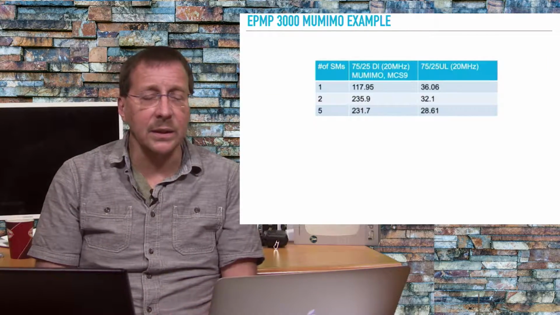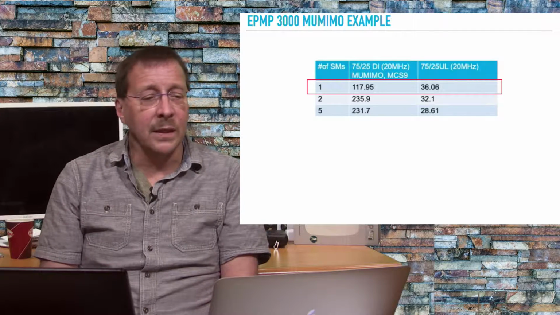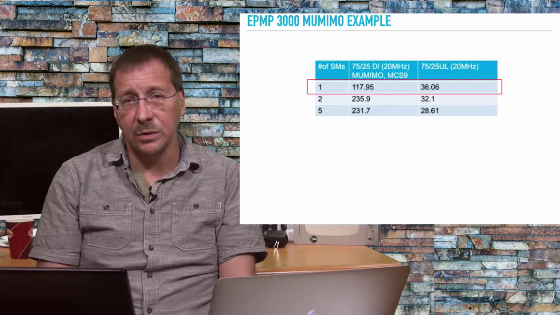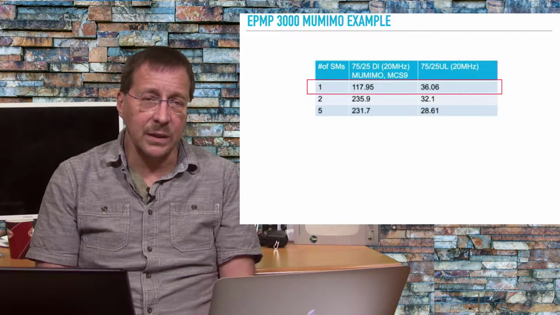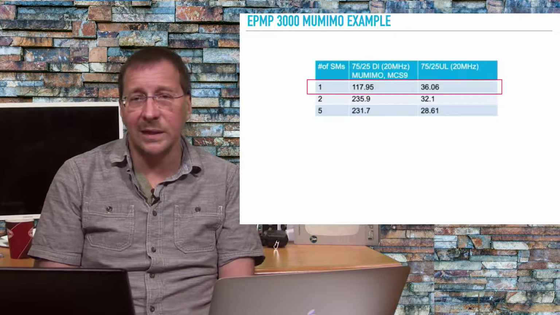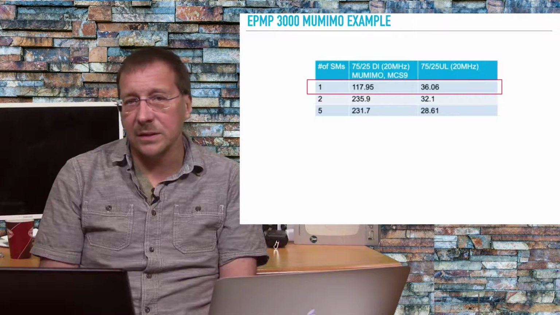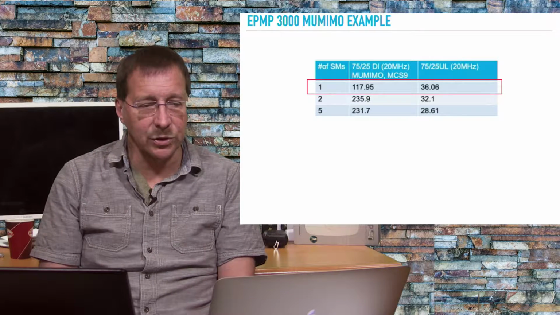So what does this look like? If you had an AP with one SM, you wouldn't be able to use any of the features of multiple user MIMO. You would be able to use the higher capacity of the ac chipset, so you'd get about 118 meg down and 36 up, approximately, if you had it set at 75/25 in a 20 megahertz channel.